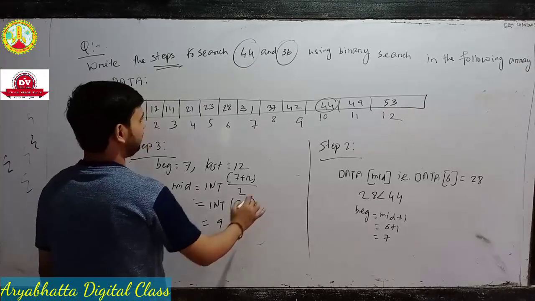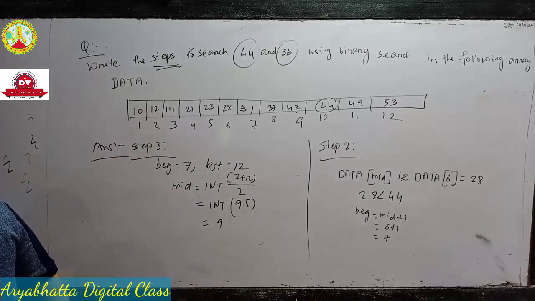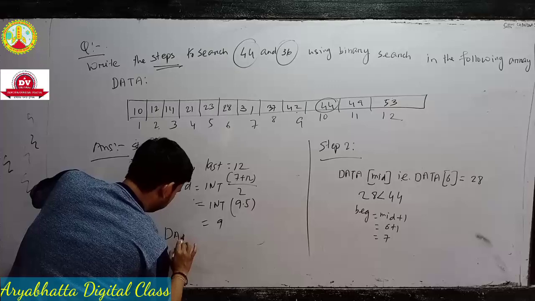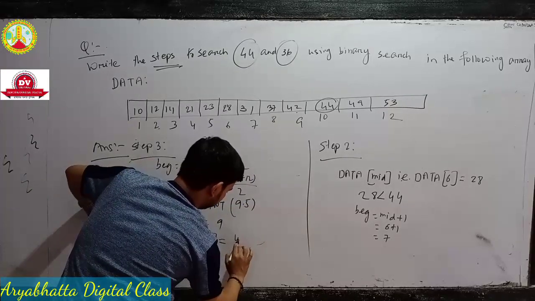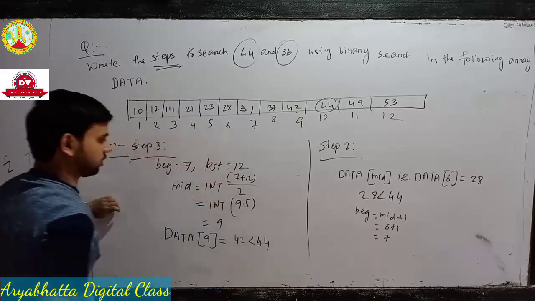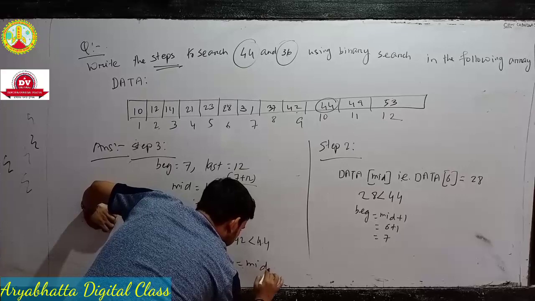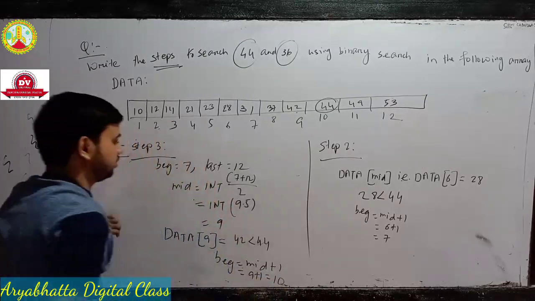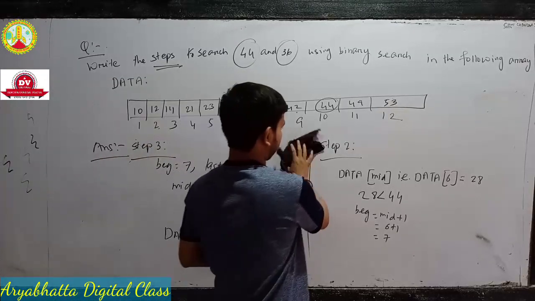Your new mid will be this. Data in 9 is 42, which is less than 44. Again your beginning will be mid plus 1. Your beginning will now be changed to 10.